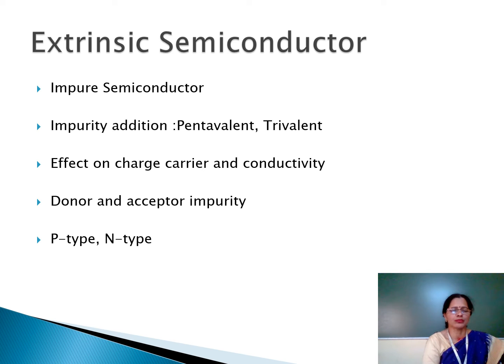Then next we have to know one important point: the process of adding this impurity to the pure semiconductor. There is a special process, not mixing in the usual way. That process is named doping.